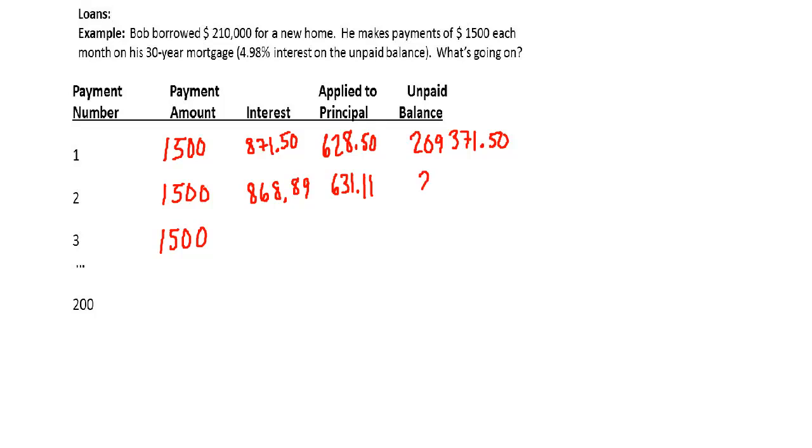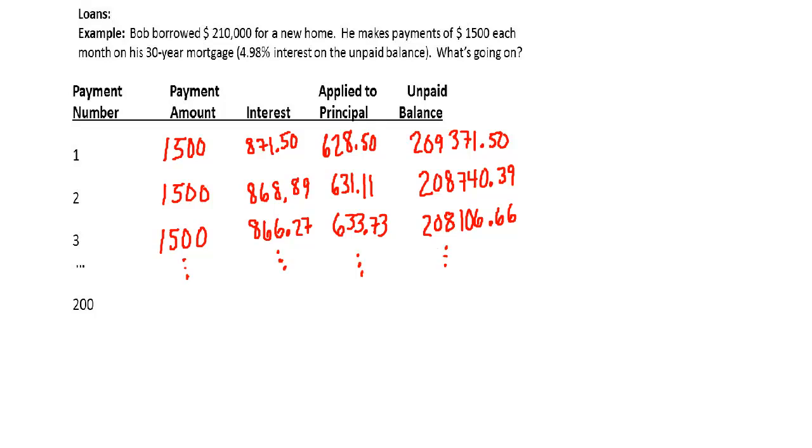And when we subtract this to find our new unpaid balance, I get $208,740.39. And we repeat this in month 3, and there are the numbers.